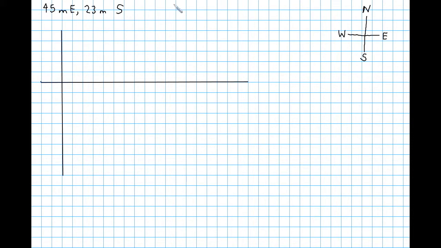For this one, I like to do 5 meters is equal to 1 square. That means each one of these squares is 5 meters. So now I'm going to draw my person going east. So this is 5, 10, 15, 20, 25, 30, 35, 40, 45.